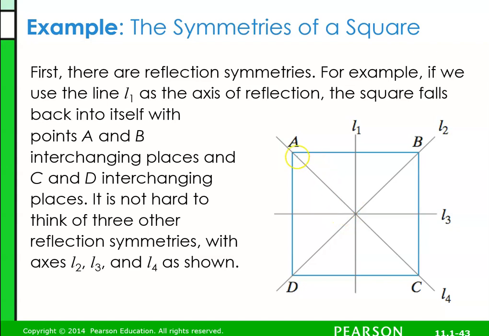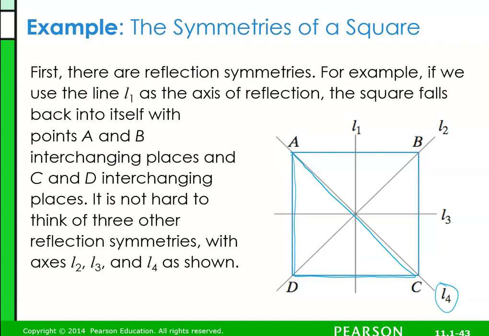If I just pick out one, I'm looking here at AC, this L4. If I take this portion of the square and reflect it over L4, it lands exactly on itself. So that's an axis of reflection. The square falls back onto itself.